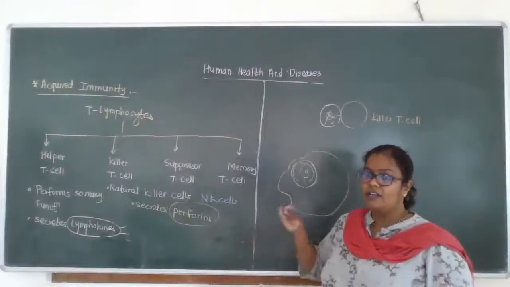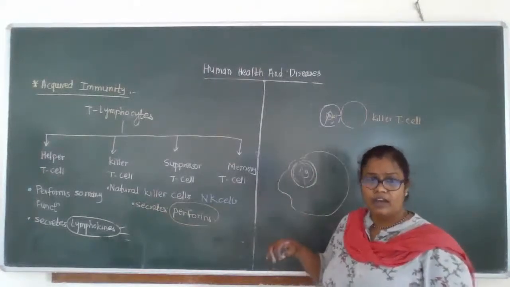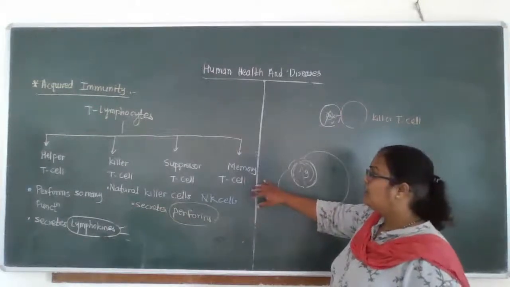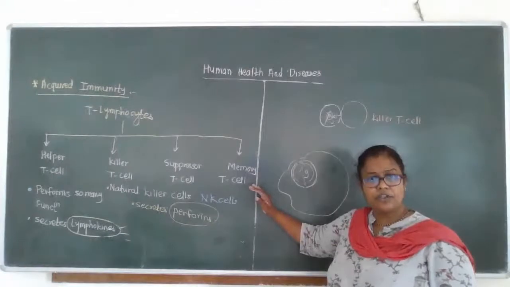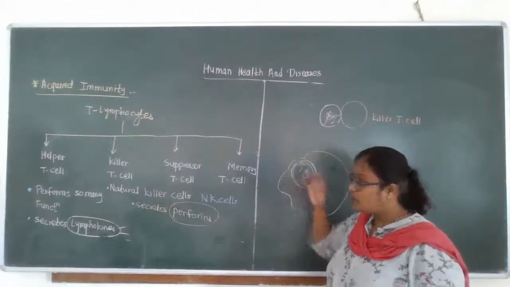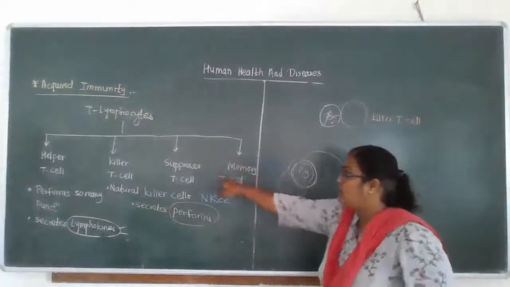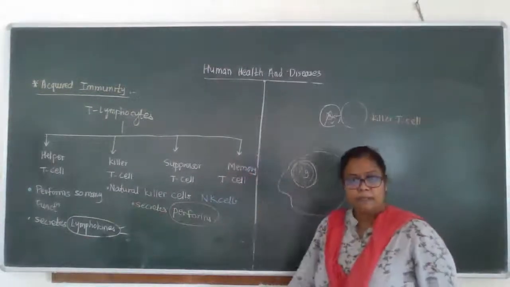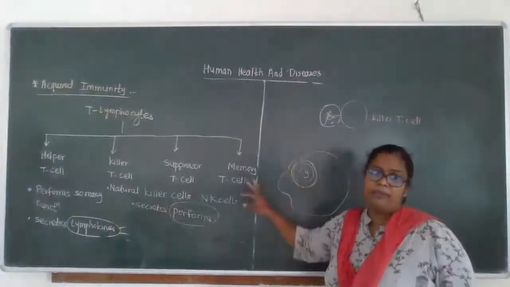And the next time that antigen tries to invade us, these memory T cells recognize that antigen and try to destroy it. So this is a very important function of the memory T cell, which keeps the previous attack in memory.